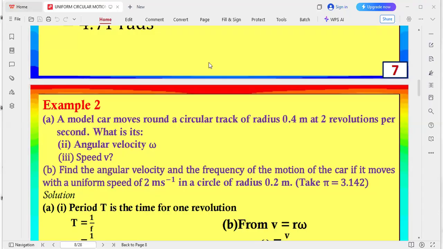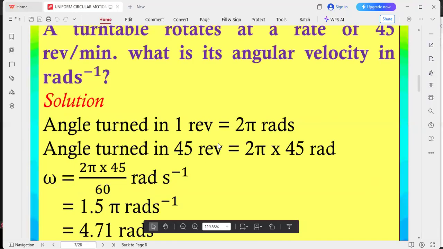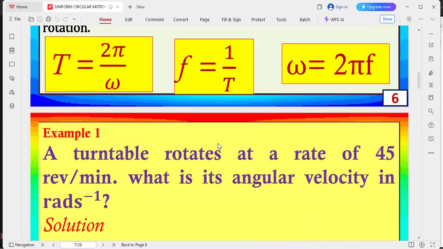Okay, let me repeat the previous question. So the question is here. This is a turntable. I think we know turntables.